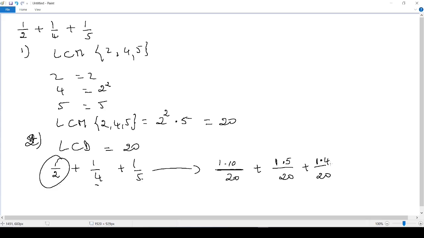And let's continue. We will have 10 over 20 plus 5 over 20 plus 4 over 20. Now that we have 20 at the bottom, we add the top: 10 plus 5 plus 4.